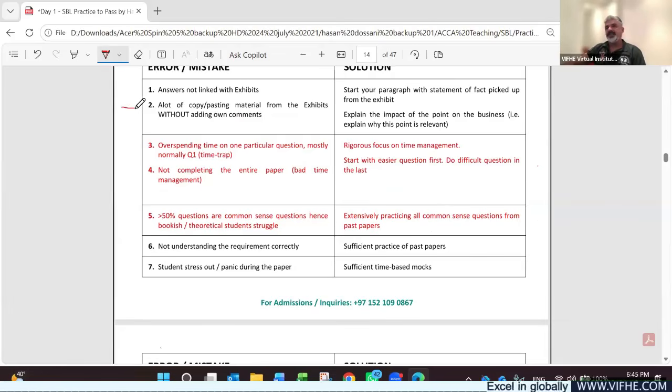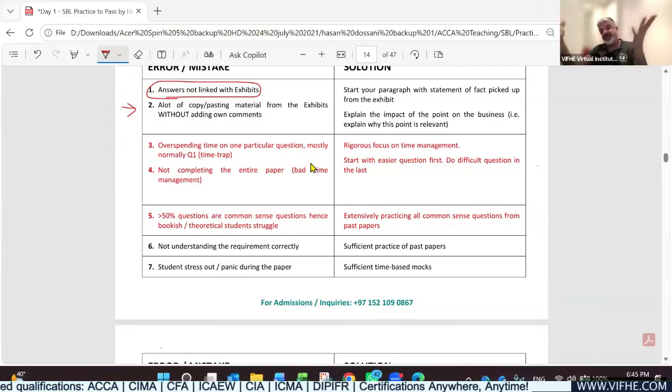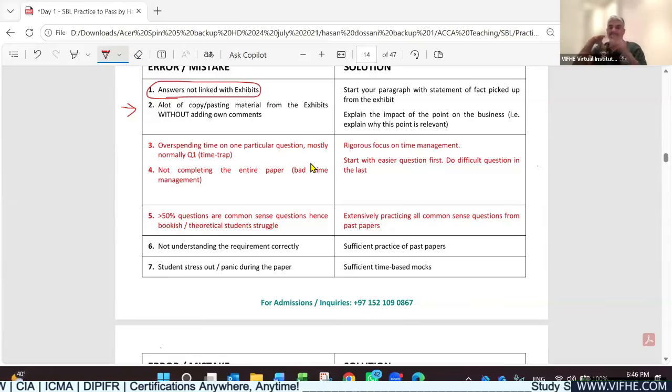The main item is this one: answers not linked with the exhibits. This is one of the reasons, as per the examiner report. The examiner is saying that students are giving generalized or bookish answers, definitions, or models explaining the model. No, not required. General answers and definitions are not required.